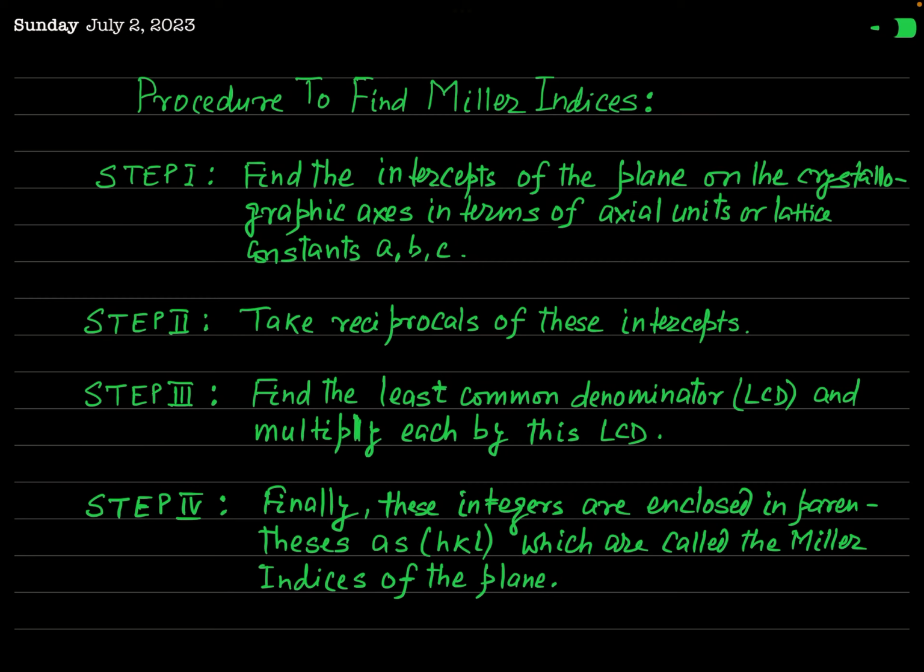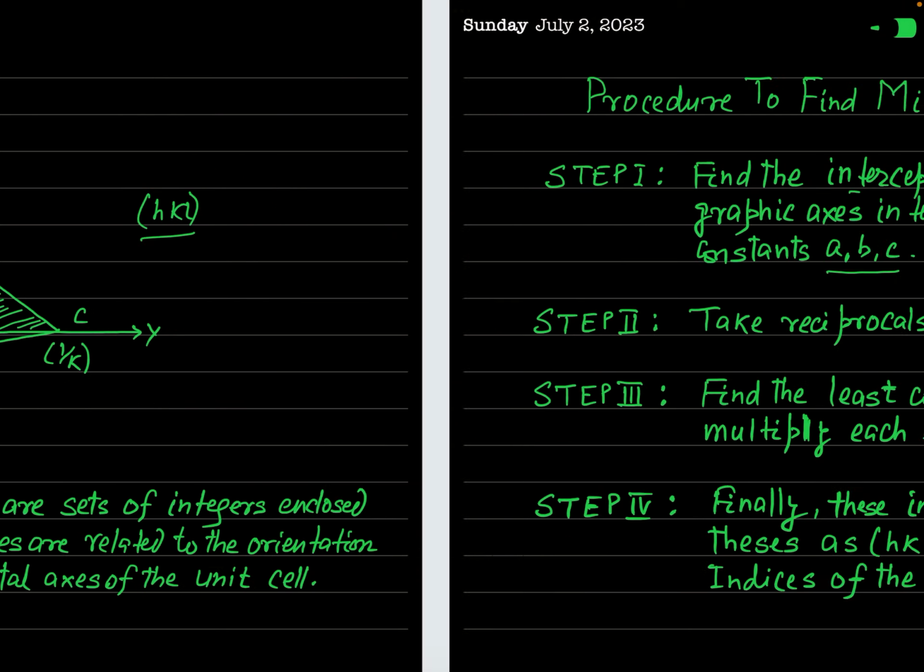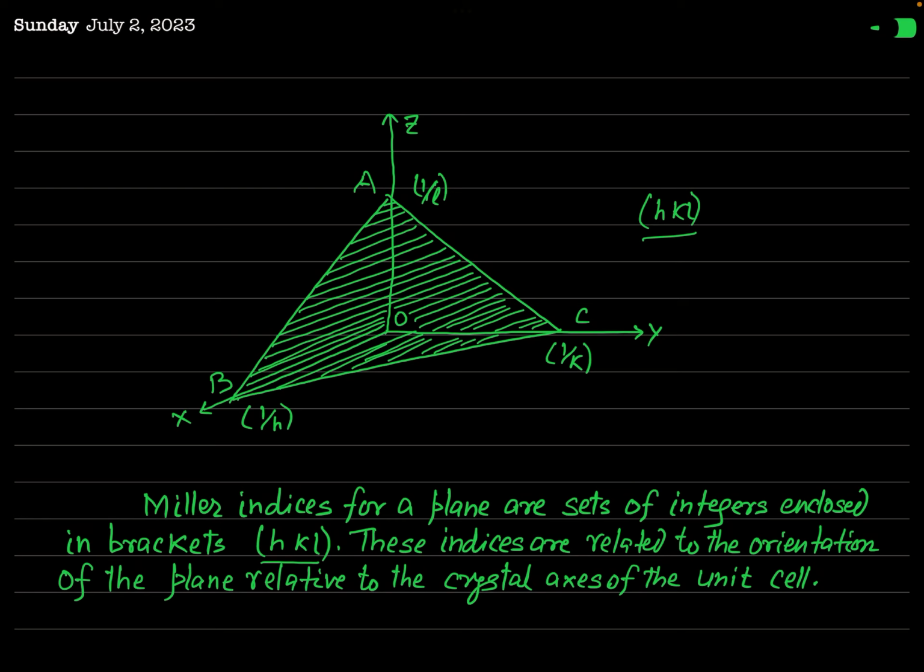In the first step, we find the intercepts of the plane on the crystallographic axes in terms of the axial units or lattice constants a, b, c. It means if you see this figure, this plane ABC intersects the crystallographic axes at point A, at point B, and at point C. Now, what will be the distances OA, OB, and OC?